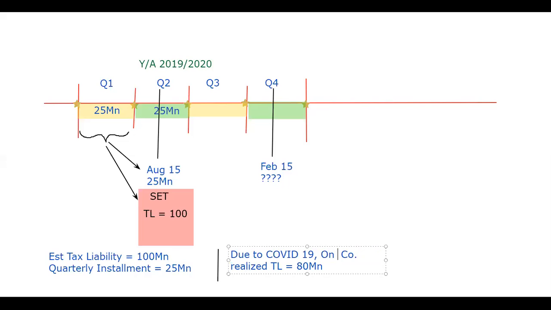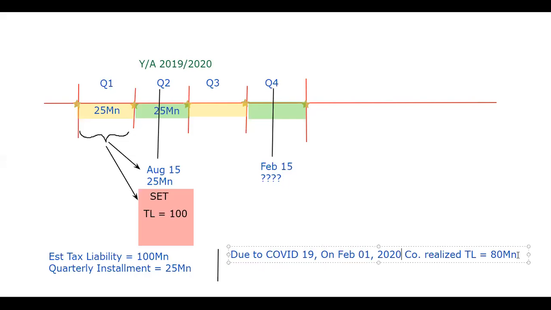On February 1st, these are the kinds of questions you will get, right? You don't argue that COVID came and the impact was later.